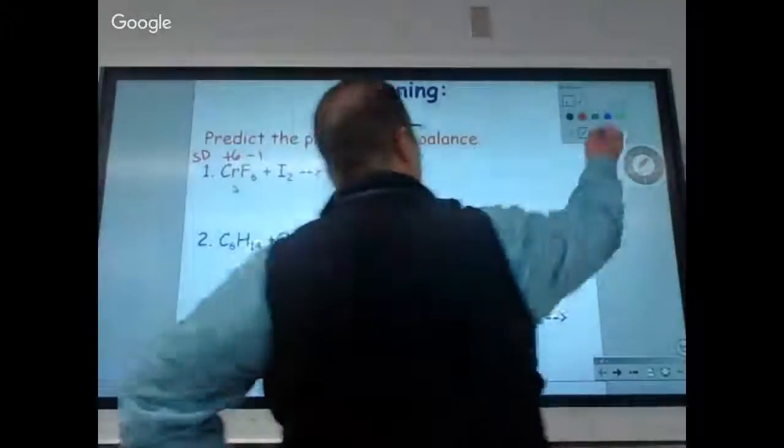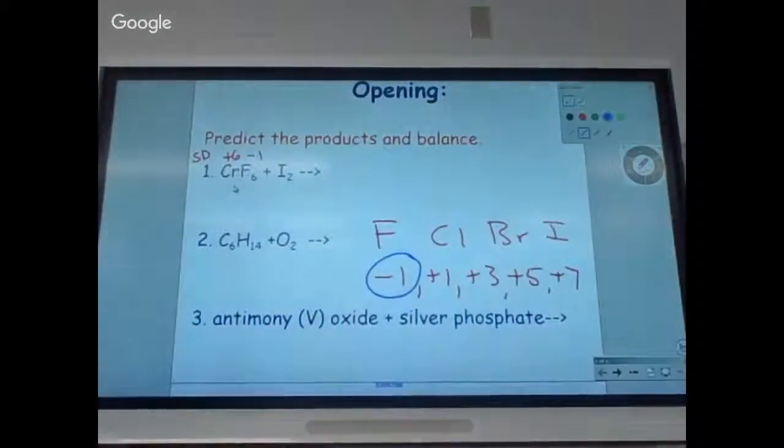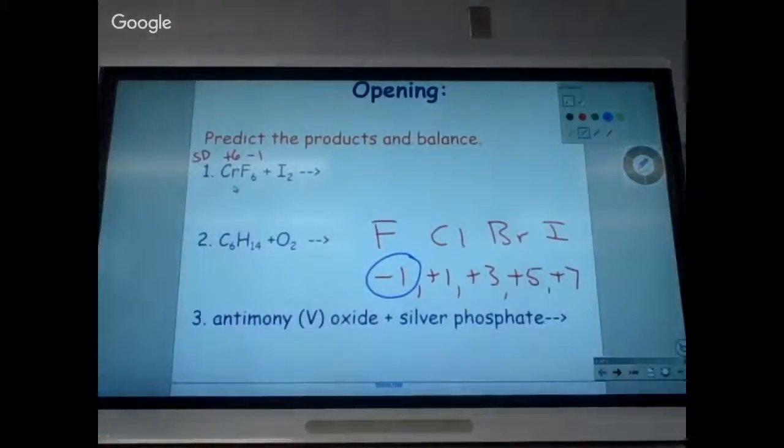They're all -1. Okay? Every time you look up their oxidation number, the only one we're going to use all year long is the -1. I promise. All right? We've been working on this all day long yesterday. Going to use it again today. It's always going to be a -1 when you look up that oxidation number.